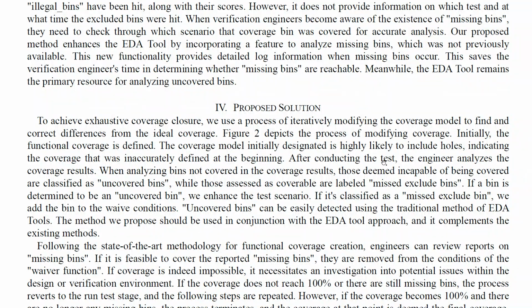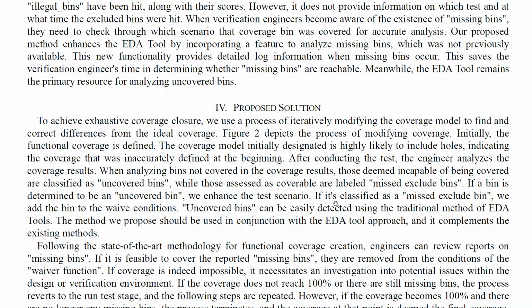After conducting the test, the engineer analyzes the coverage result. When analyzing bins not covered in the coverage result, those deemed incapable of being covered are classified as excluded bins, while those assessed as coverable are labeled as uncovered bins. If a bin is determined to be an uncovered bin, we enhance the test scenario.